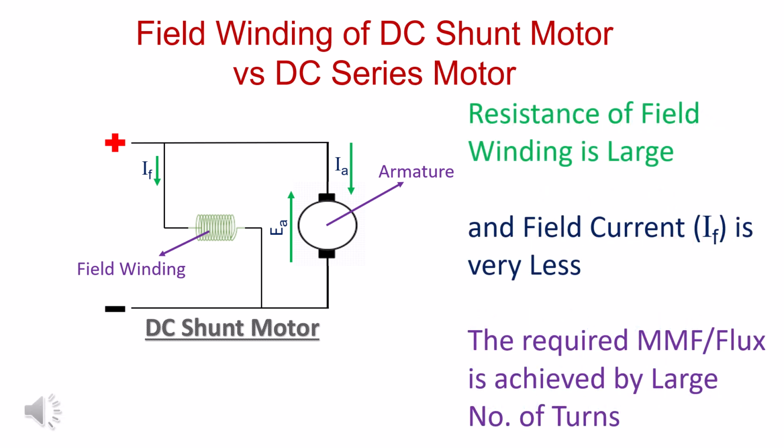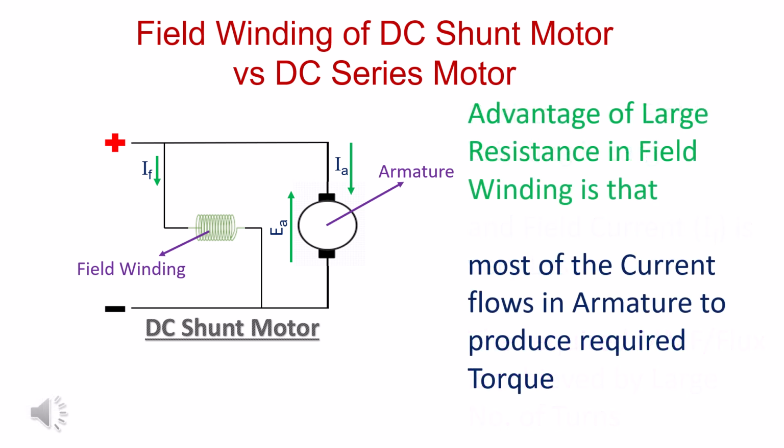Resistance of field winding is large and field current is very less. The required MMF or flux is achieved by large number of turns. Advantage of large resistance in field winding is that most of the current flows in armature to produce required torque.